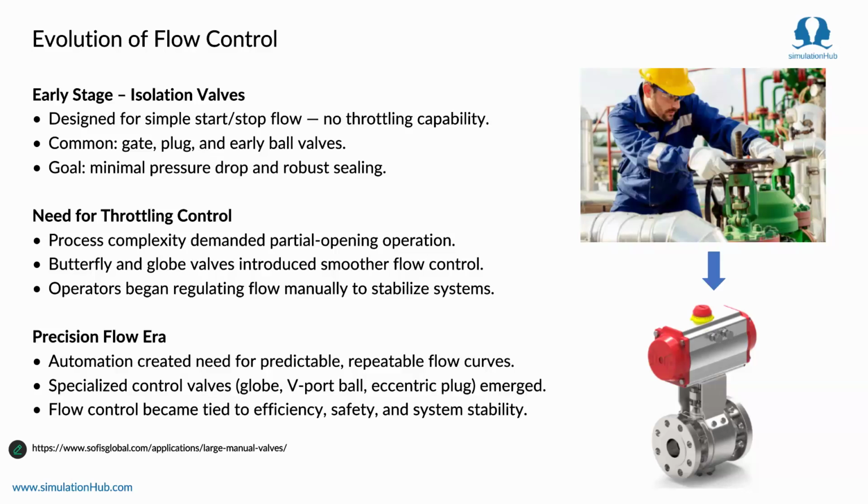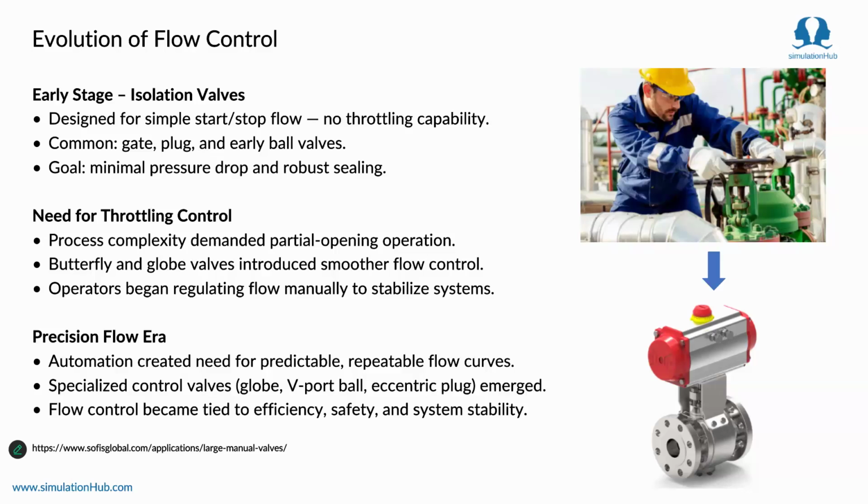Now, as the industry evolved, as the interest of industry and the advent of the industrial revolution came along, it required a lot of control of these process fluids, as they would not just have flow to be regulated, they also had temperature and pressure and all sorts of parameters that needed to be controlled. So we needed good throttling control with the conventional valves.